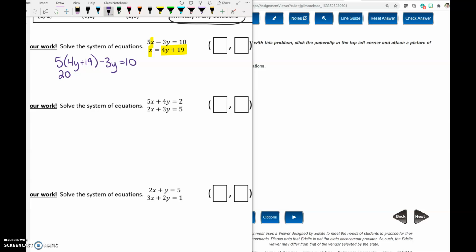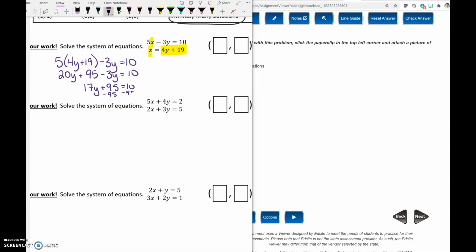Distribute, I have 20y plus, gonna need my calculator for this one because I don't know 19 times 5 off the top of my head, 95 minus 3y equals 10. Combine like terms, 20y and -3y is 17y.